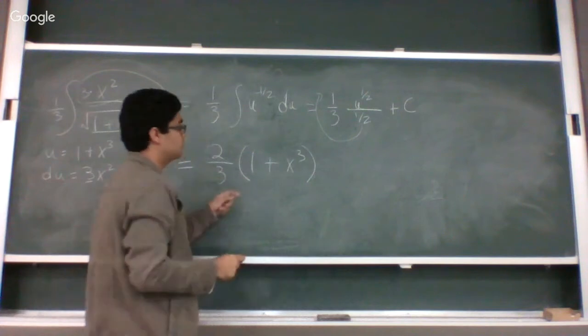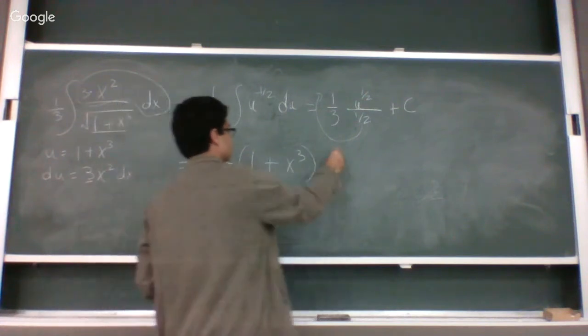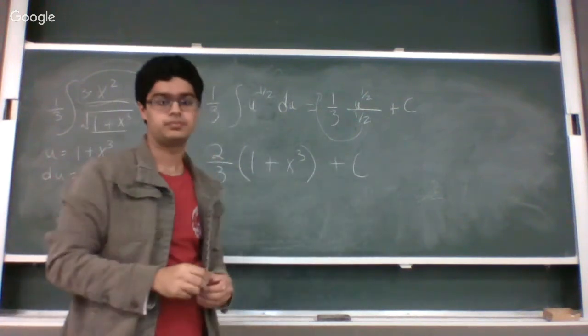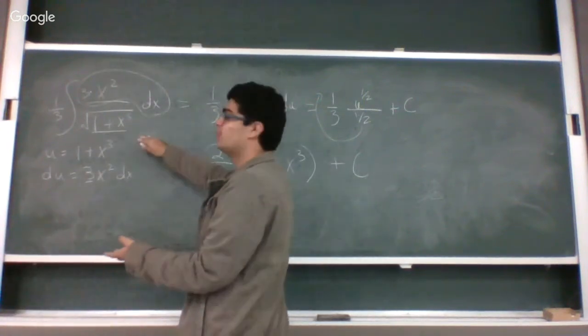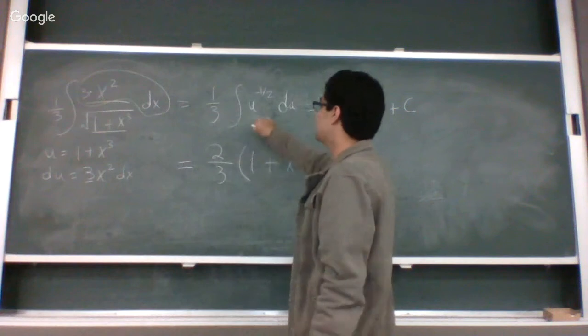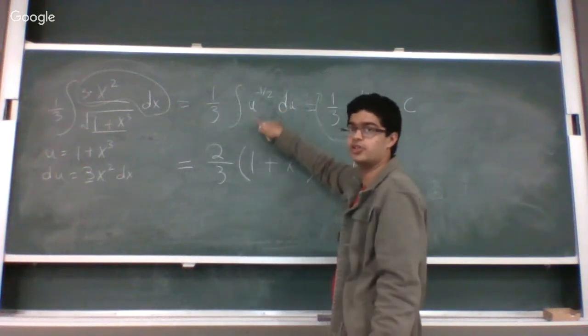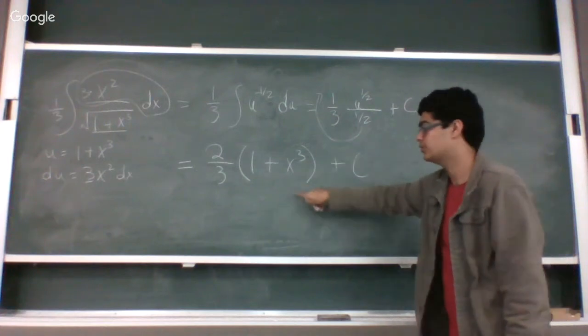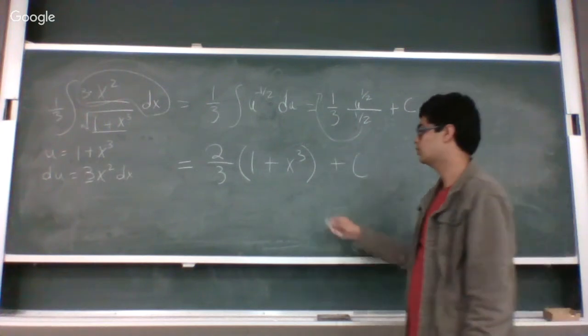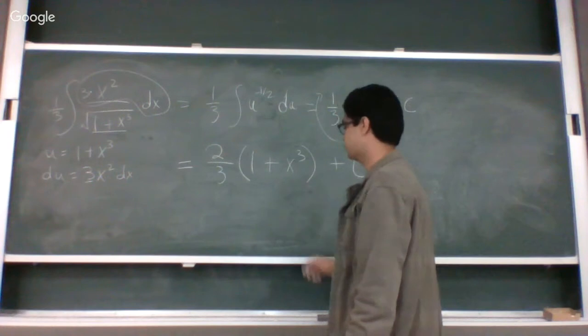So 2/3 times the square root of 1 plus x cubed, plus c. That looks bad, but we made it an easy variable, which is u. We could easily do the integral of u, and then we subbed it back in. That's u substitution.